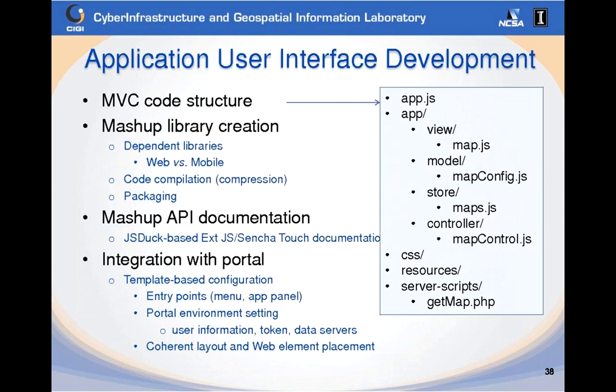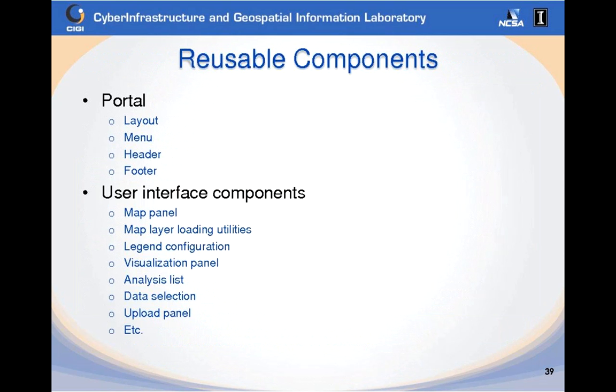For the gateway technology choice, on the portal side we use ExtJS, and its mobile version called Sencha Touch, for the development of user interface components. And on the back end, it's PHP plus the Open Service API. The mapping service is also incorporated as an ExtJS component, but we use OpenLayers, a JavaScript mapping library.